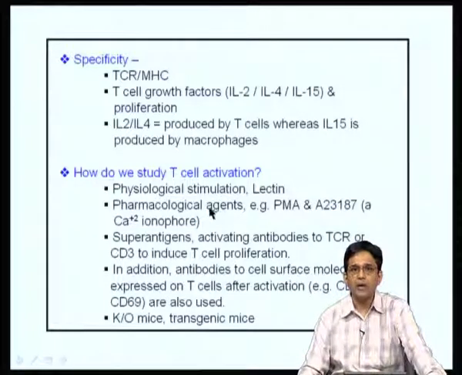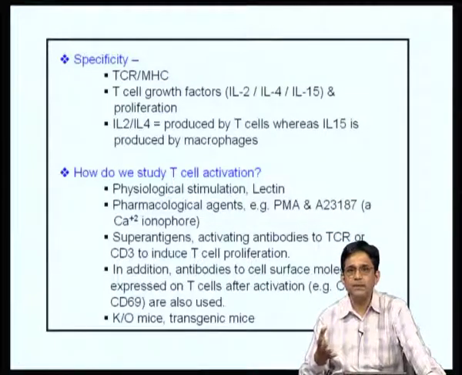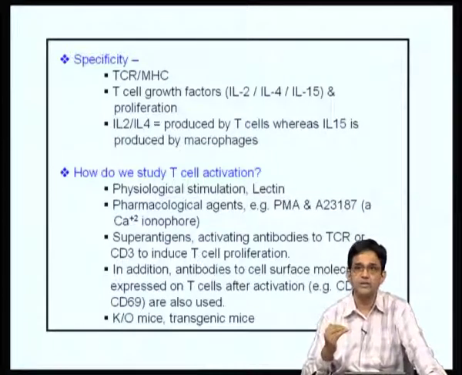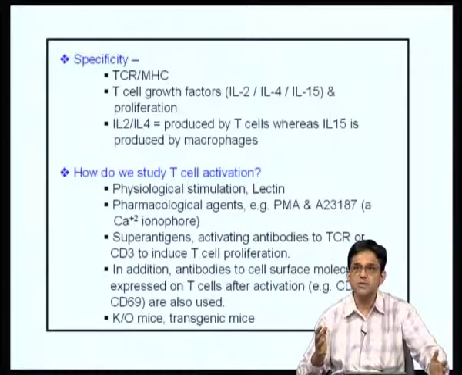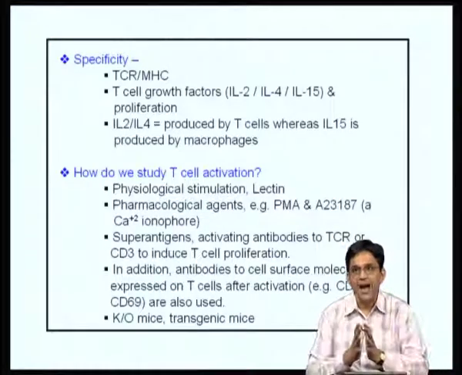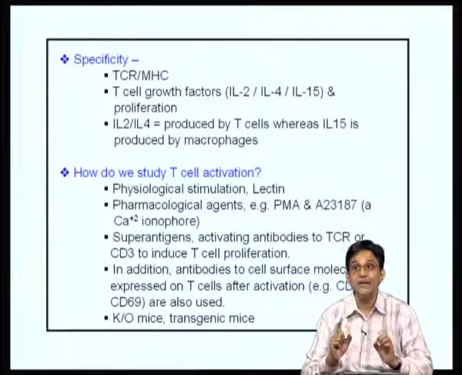Now, we had talked about antigens, which is antigens from MHC peptide, as being the most physiological. Now, however, there are some super antigens. Now, the normal antigen is very specific for the cognate T cell receptor. Super antigens will activate a large number of T cells having diverse TCR specificities.